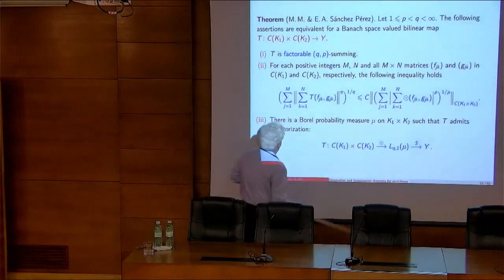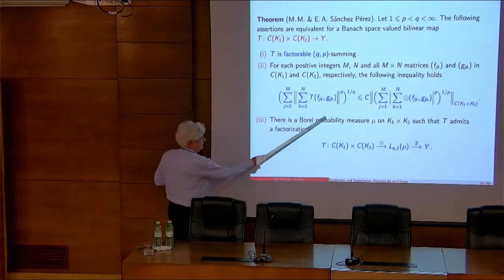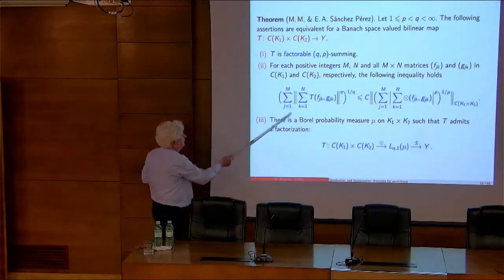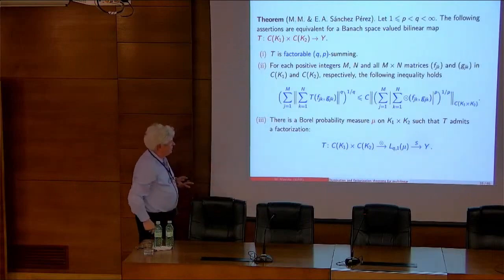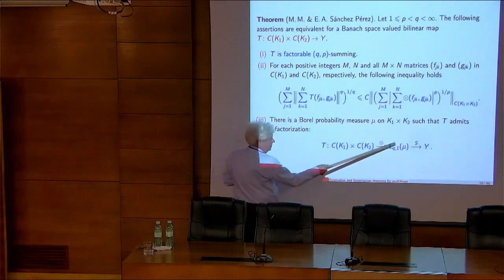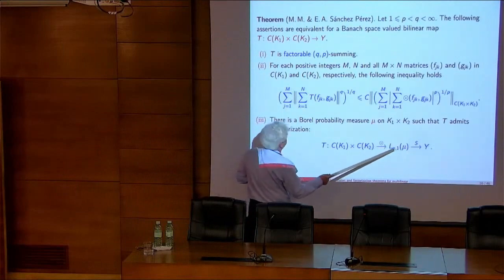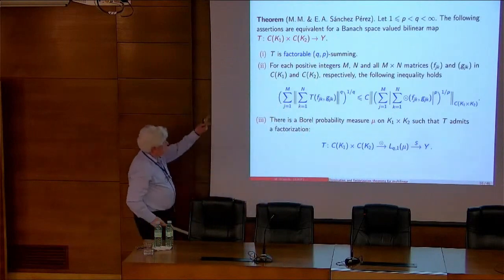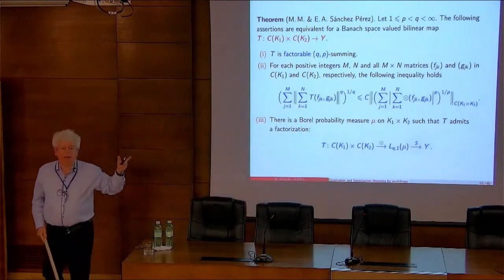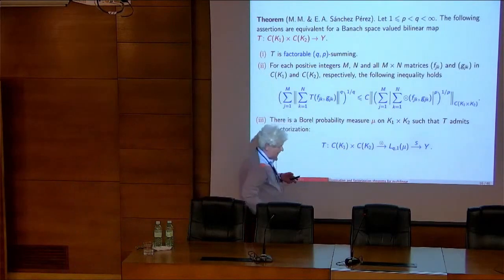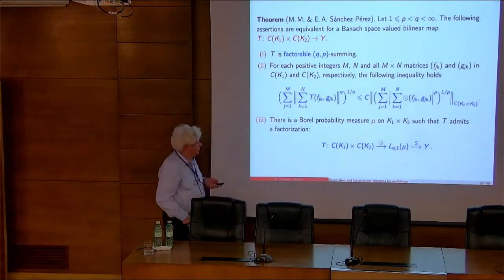We have this inequality. The essential point is the equivalence of those three. So this T has a factorization through the Lorentz space, which involves the first Q, which is in the domain in this inequality, and here is exactly this dot operation.